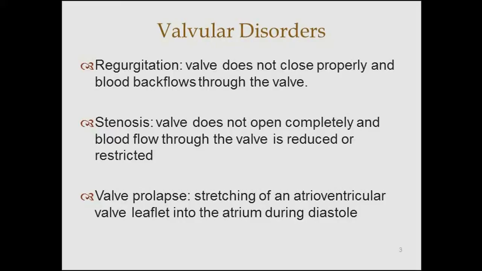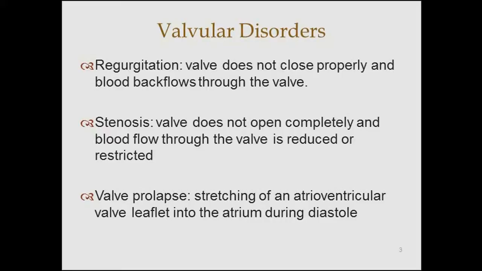A third type that we are going to mention is valve prolapse, and that's where the leaflets of the valves actually just stretch a little bit. It's not full regurgitation, but those leaflets stretch backward into the atrium during diastole, or I'm sorry, during systole.